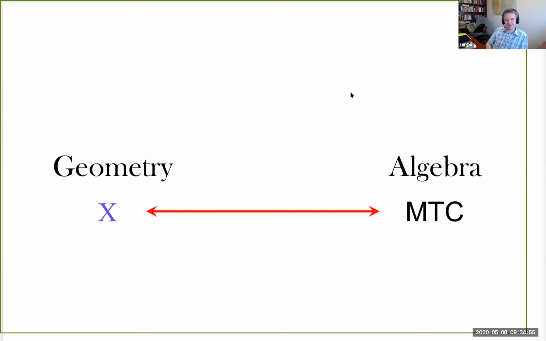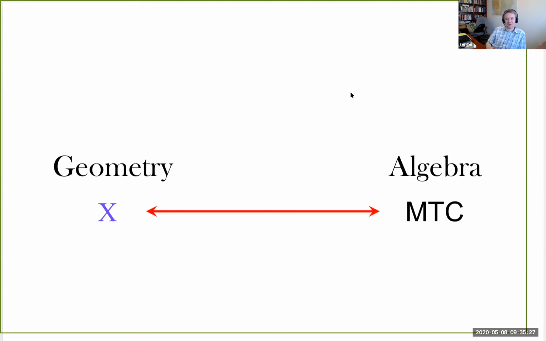On the algebraic side, we'll discuss structures closely related to modular tensor categories, abbreviated as MTC. So if you're ever lost in the talk or at any slide, think about this big picture. We should be discussing either one side, namely geometry of spaces X, or algebras or MTCs on the other side, ideally some correspondence between them.